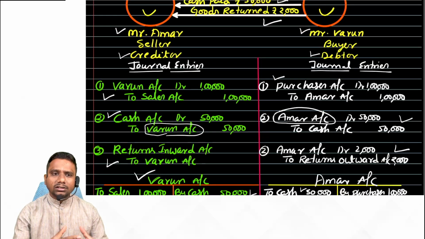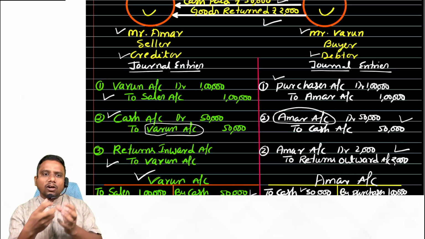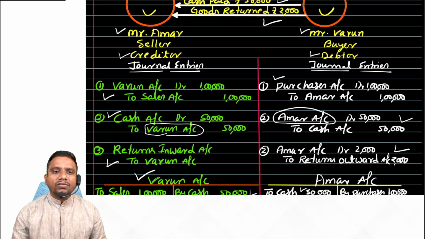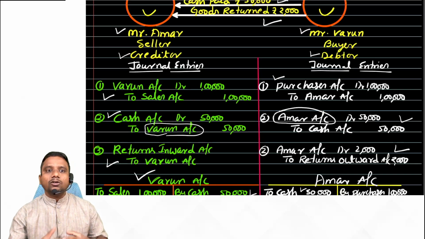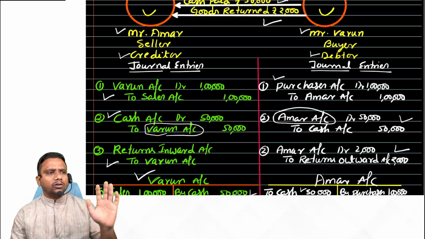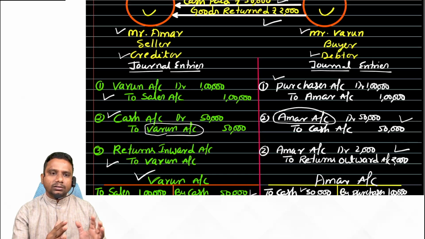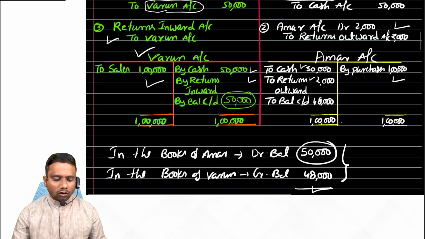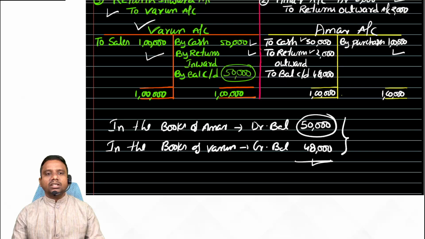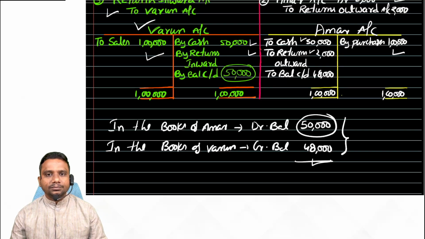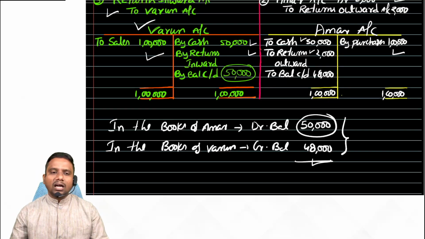Varun will ask for a copy of his account in Amar's books. Okay, Amar, don't worry. Are you maintaining my account in your books? Yes, you are maintaining. So just give me a copy of my account, Varun account. Varun is also maintaining Amar account.